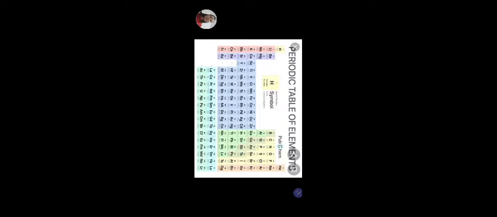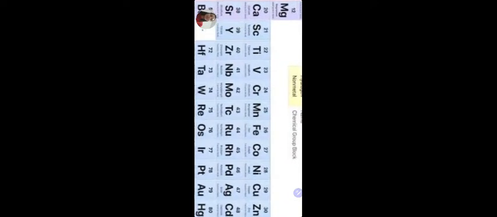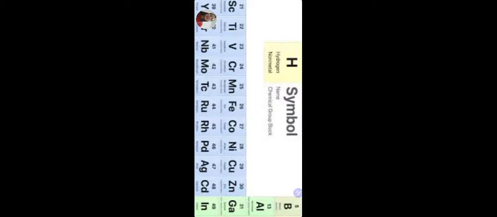If we look for atomic number 25, we have the atom of manganese. This is our atomic number, and this is the symbol of the element.